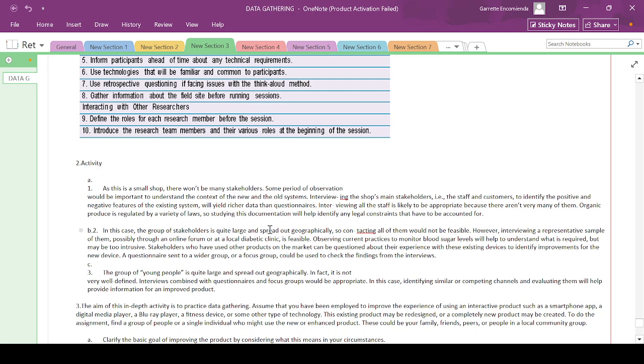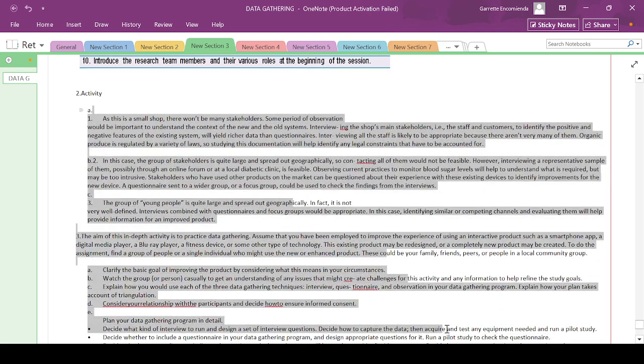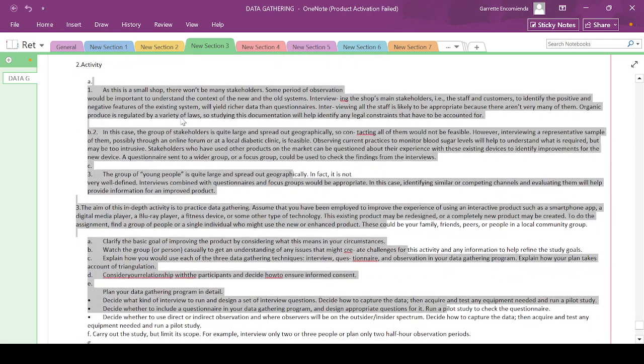Activity: as this is a small shop, there won't be many stakeholders. Some period of observation would be important to understand the context of the new and the old system. Interviewing the shop's main stakeholders, i.e., the staff and customers, to identify the positive and negative features of the existing system will yield richer data than questionnaires.